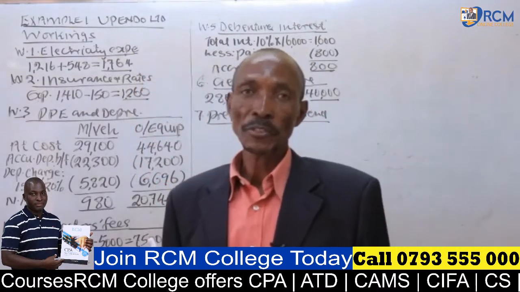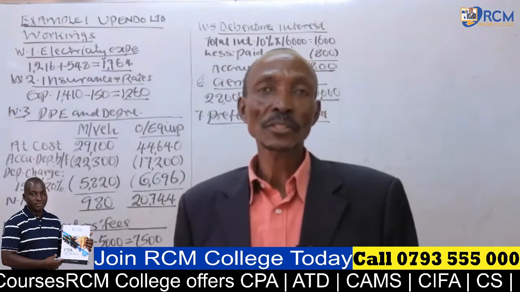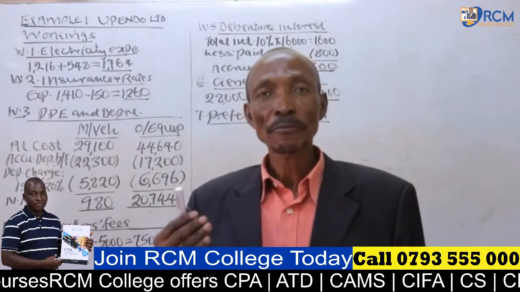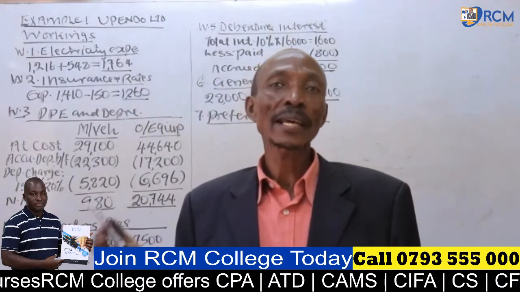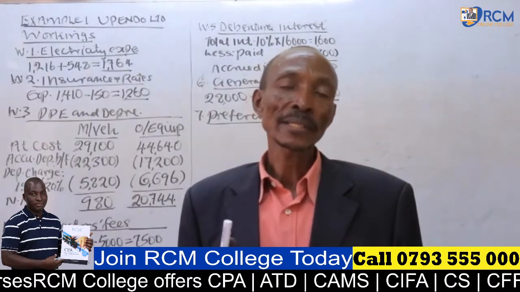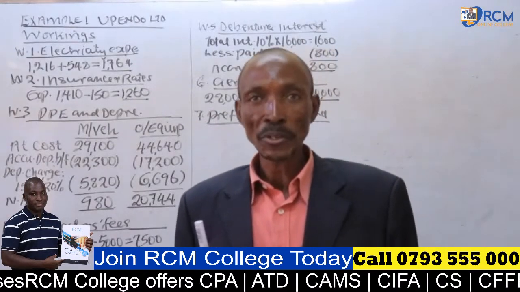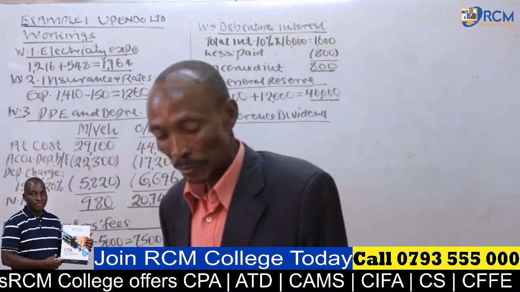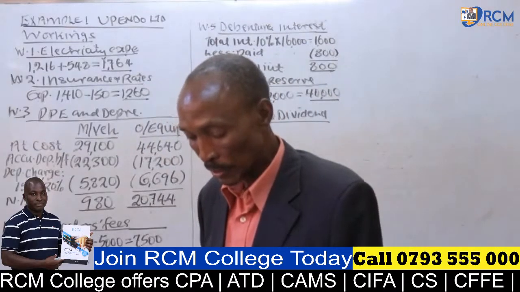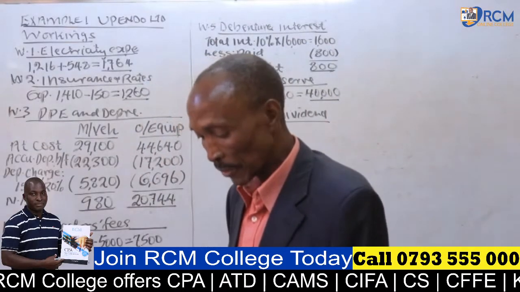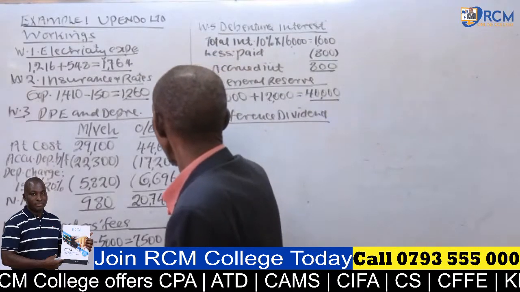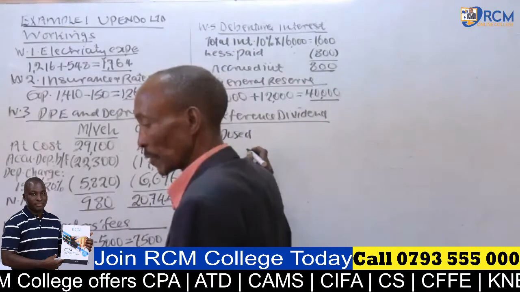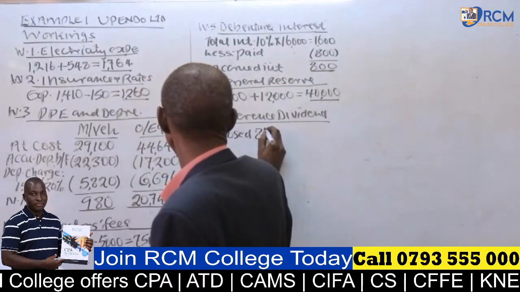Now, one thing about preference shares is that they carry a fixed rate of dividend. The shareholder has a right to a fixed rate of dividend and amount every year. Whether the company has made profit or not, the company will have to pay a preference dividend. Now, the preference dividend here is 8%.